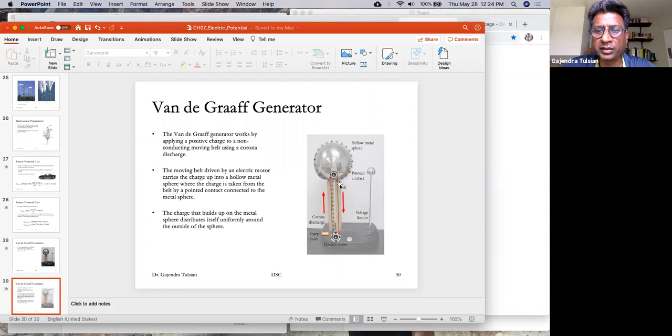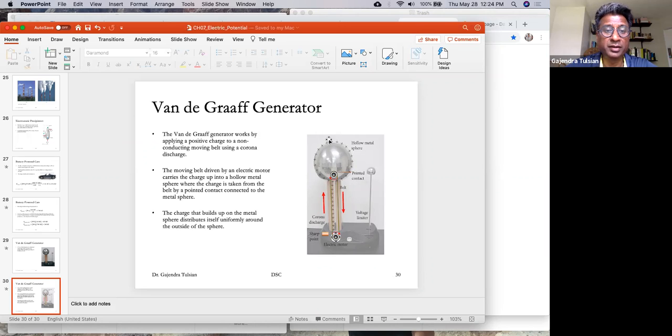And now the belt has lost its charge. It comes back, it's charged again, the charge is transferred there, and this uncharged belt comes down. And so by doing this, what you're doing is you're converting mechanical energy into electrical energy. Okay, and that's a Van de Graaff generator.